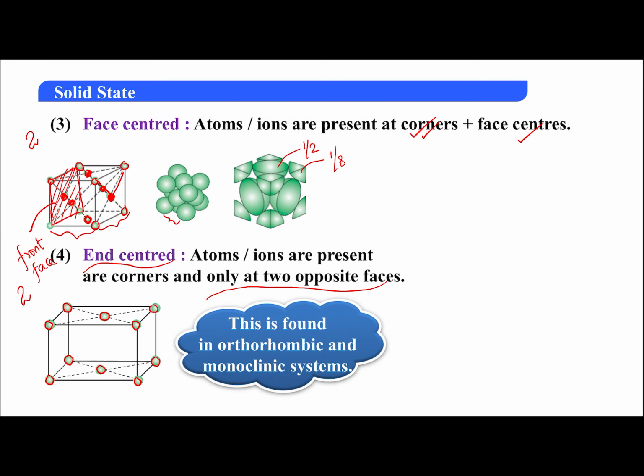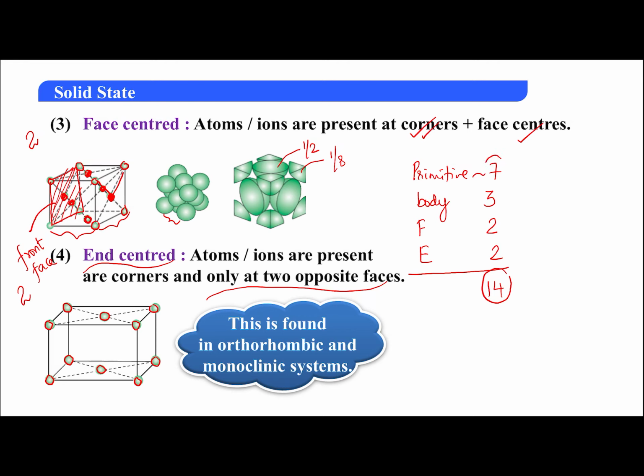So, if you want to know, primitive type was found in how many? All the 7. Body centered was found in 3, while face centered was found in 2 and end centered was found in 2. So, if you count all, 14 are the Bravais lattices.